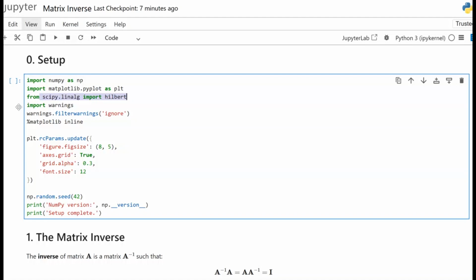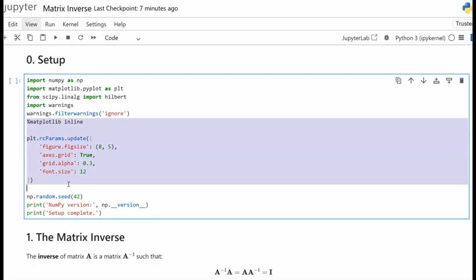And we have included the warnings module. This imports Python's built-in warnings module, which allows control over warning messages generated during execution. And we have included the default parameters for the font size, enabling the grids and setting the transparency of the grid lines to 30%.